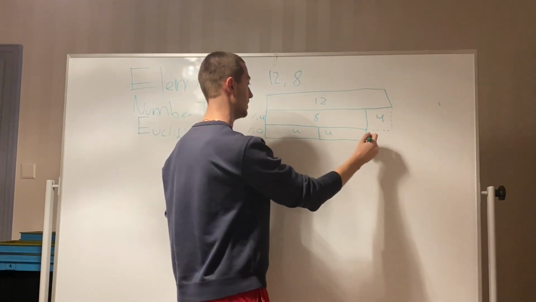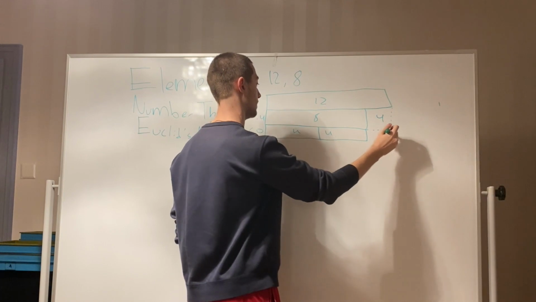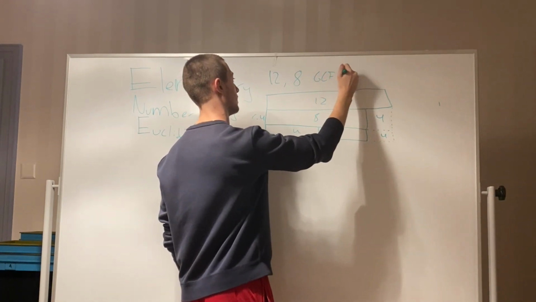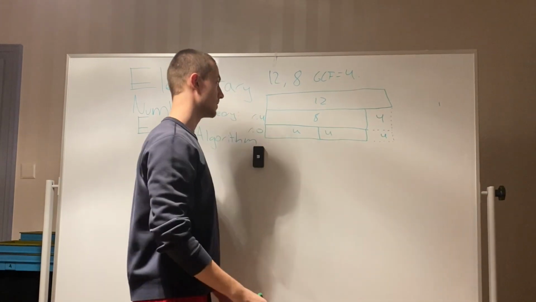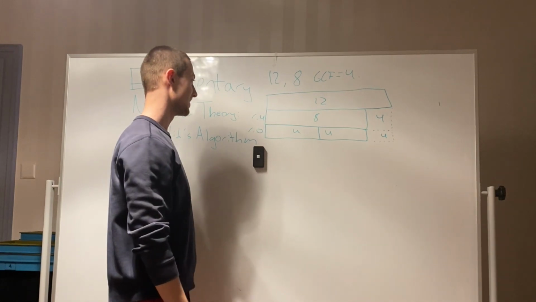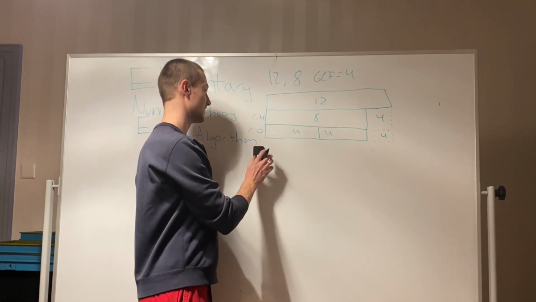Therefore, that must mean that we can actually apply this all the way. Therefore, the GCF is 4. So I actually accidentally picked another pair of simple numbers. So let's try to take some more difficult numbers.